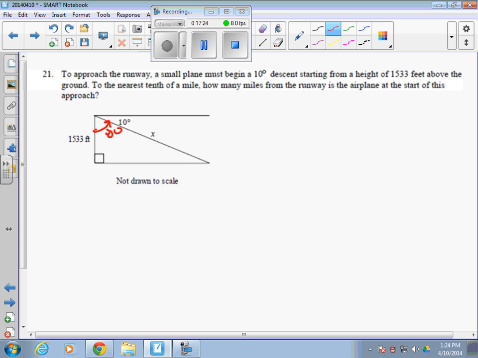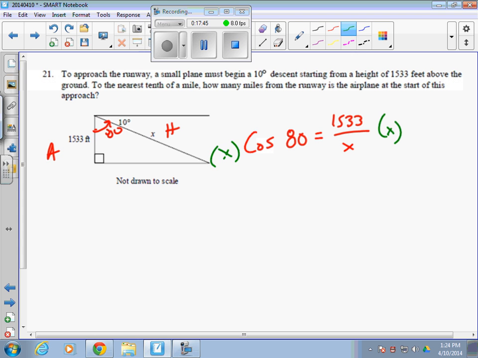So from 80 degrees, we know that we have 1,533, which is our adjacent, and we have x, which is our hypotenuse. So we need to use cosine again. Cosine of 80 degrees equals the adjacent, 1,533, over the hypotenuse x. So we cancel this out by multiplying by x. X times the cosine of 80 equals 1,533.